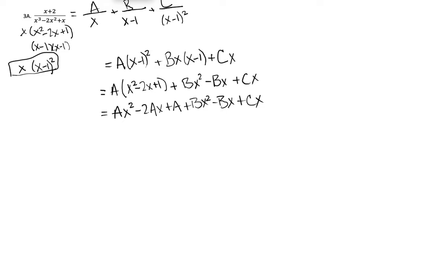I will group these, so my squareds are together, Ax squared plus Bx squared, and then my regular x's are together, which I have 3 of them now, so minus 2Ax minus Bx plus Cx. And then I just have my A at the end, my constant.